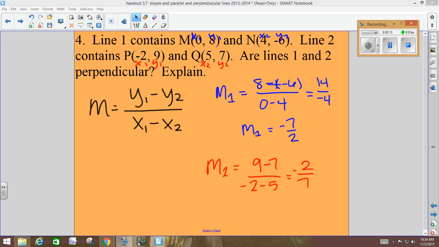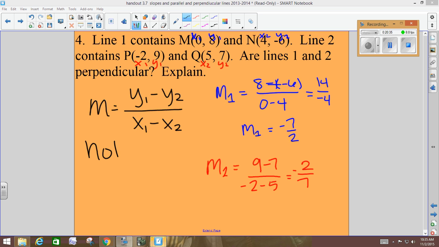Did you get -7/2 for line 1 and -2/7 for line 2? Would they be perpendicular? They're reciprocals, though. But they're not opposite. Good. They're both negative. You have to have a positive and a negative, and then also be reciprocals.